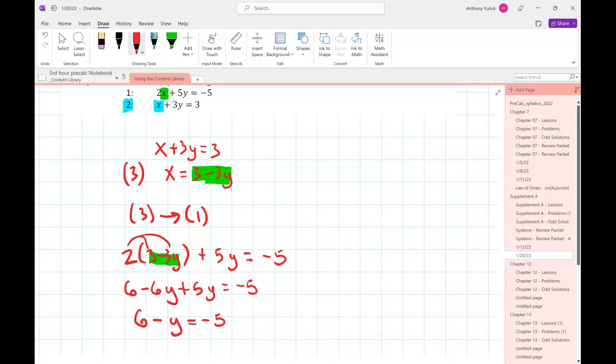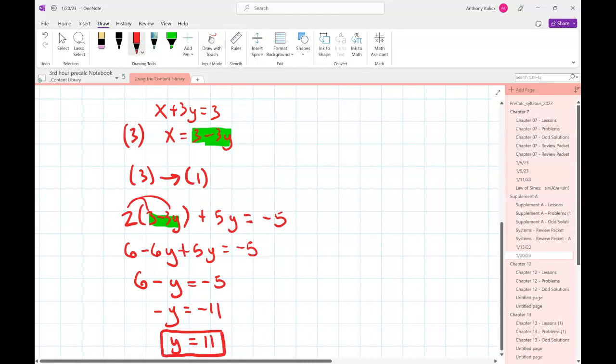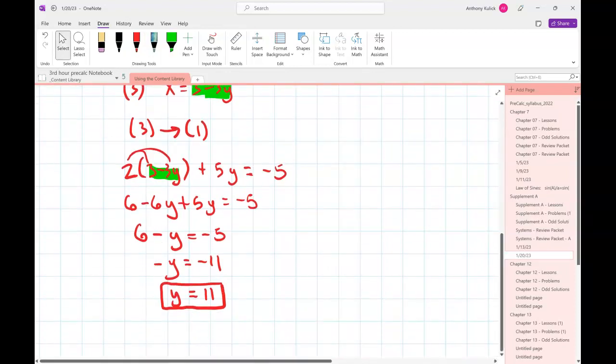So negative 6y plus 5y is negative y. I'll subtract 6 from both sides. And then divide both sides by negative 1. Everybody's okay with that? So that's my solution for y.